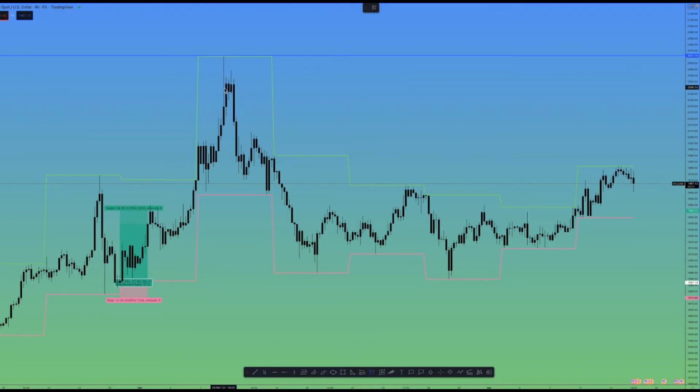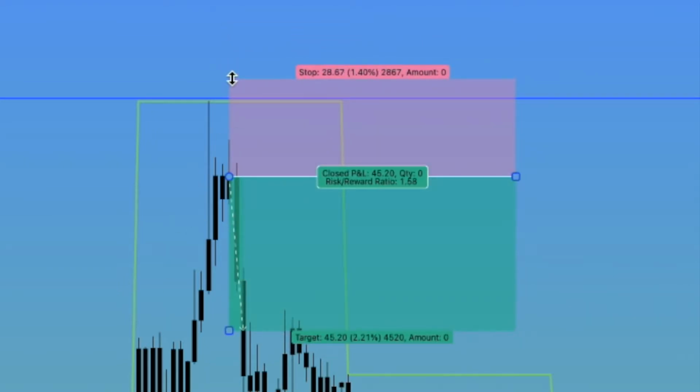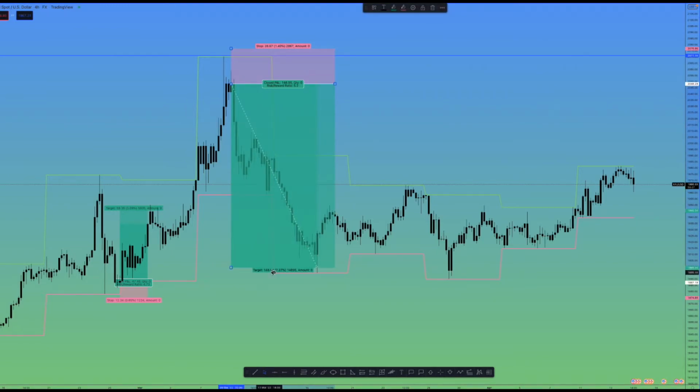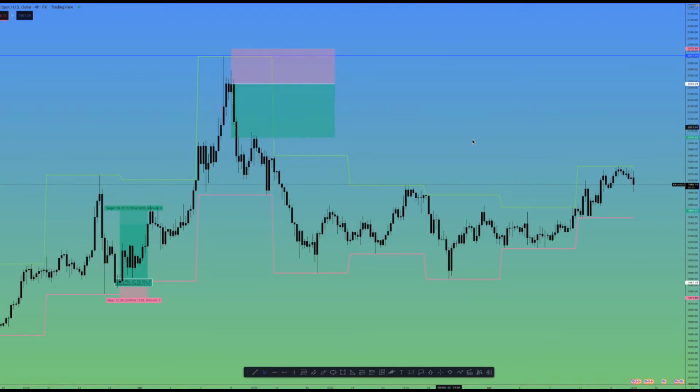So we could take one of these wicks, for example, and I'm just trying to hit home the 1.5R here. So 1.5R, boom. What did we get overall? Nearly 5R. So we'll leave that at 1.5R.